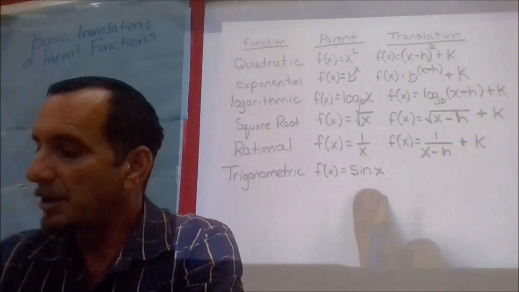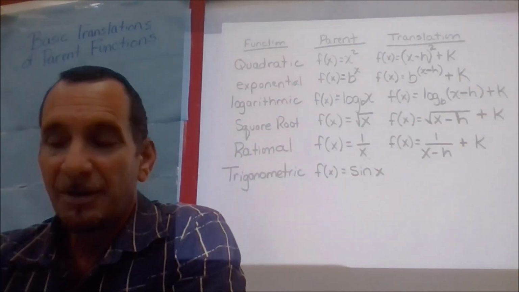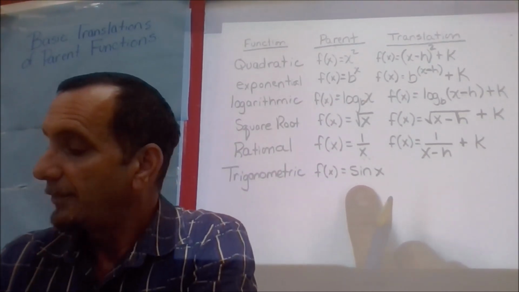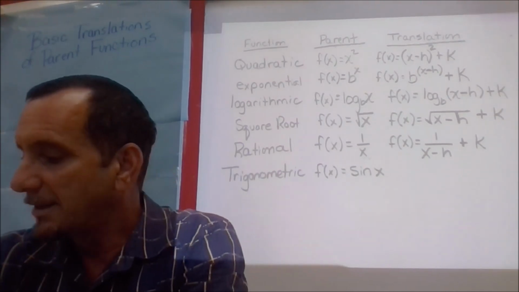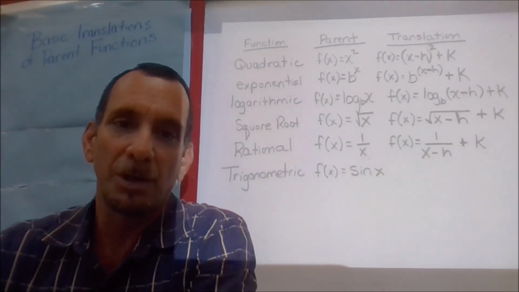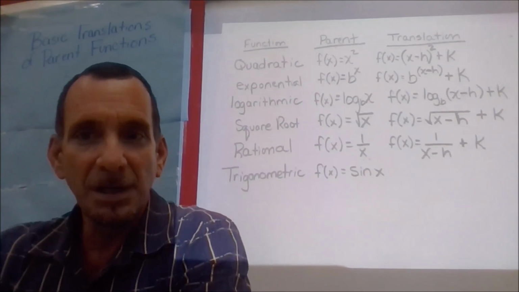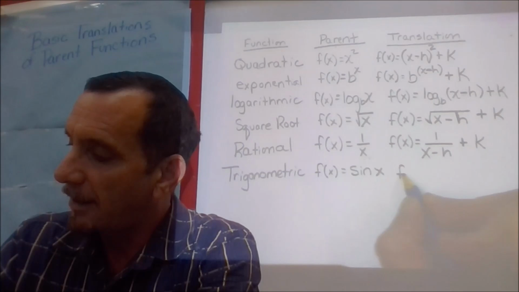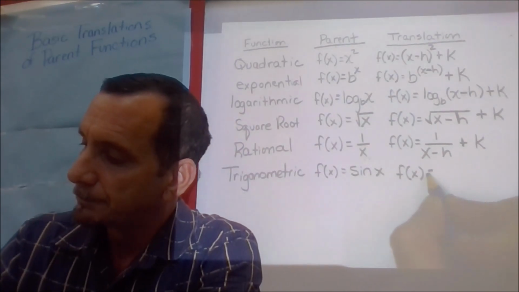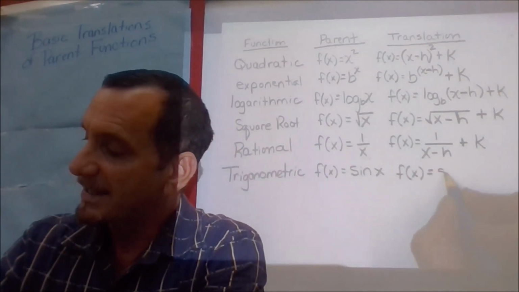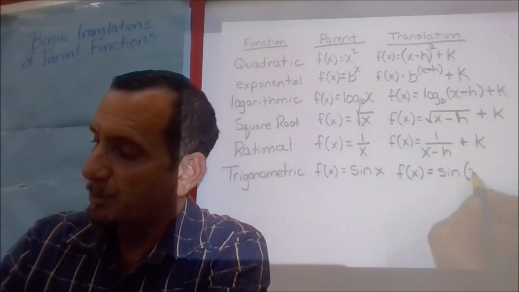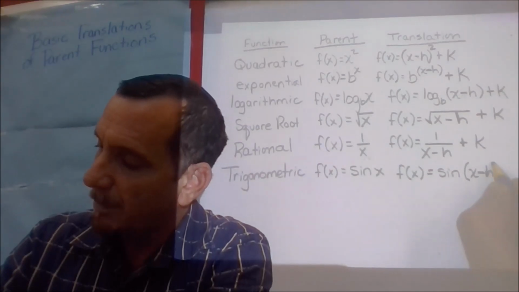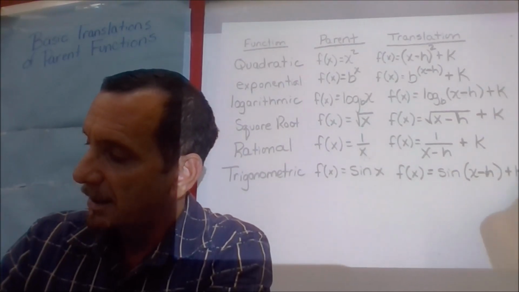And a little bit later on, if you have not studied it, the parent function f of x equals sine of x is a wave, and it has many very cool and interesting properties. But if we wanted to translate it, we would do the same thing. We would take f of x equals the sine, get those parentheses because the h remains with the x, x minus h plus k.